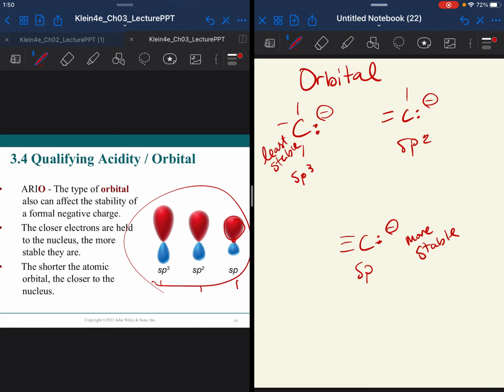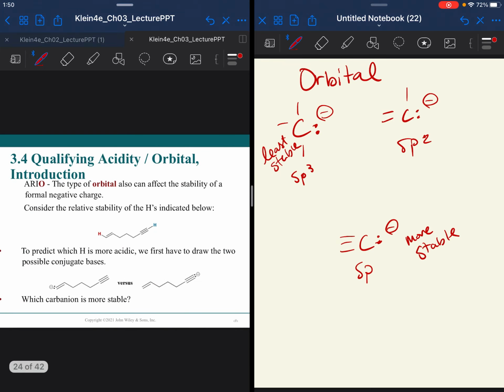So what does that tell us? That means hydrogens that are attached to carbons that are in triple bonds are more acidic than hydrogens attached to carbons in double bonds. And they're both more acidic than hydrogens attached to carbon that has all single bonds. All right, so instead of 2 different compounds in this slide, we're looking at hydrogens in the same compound, but you're following the same strategy.